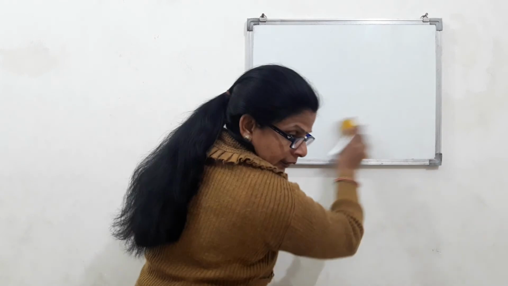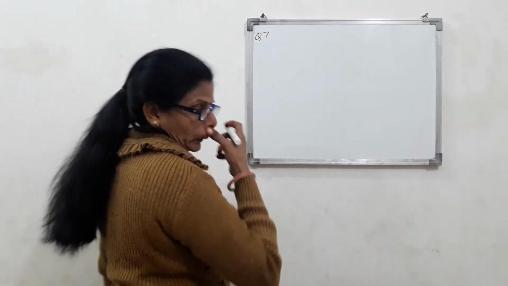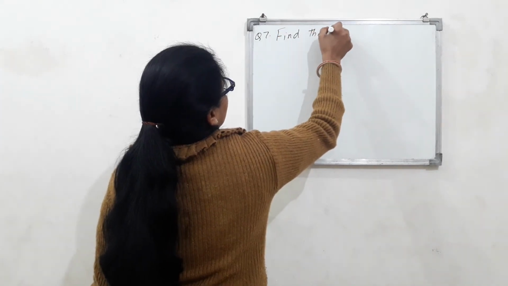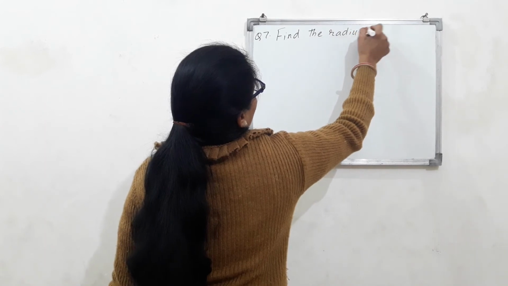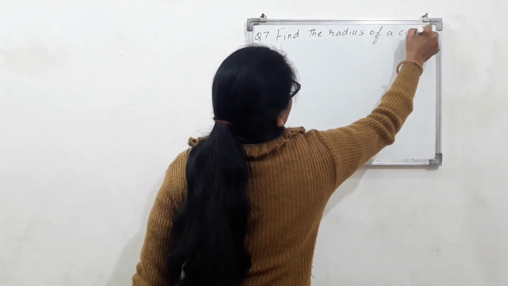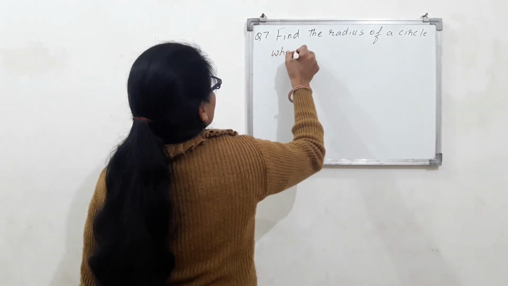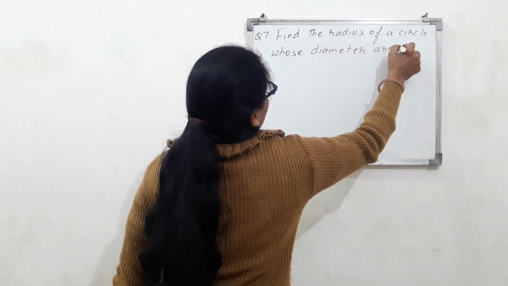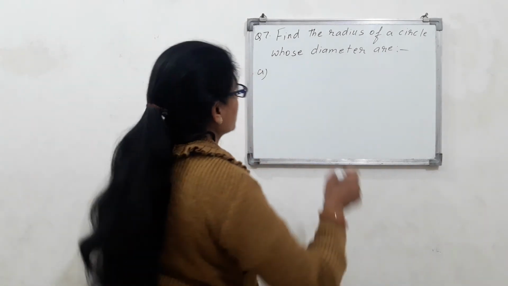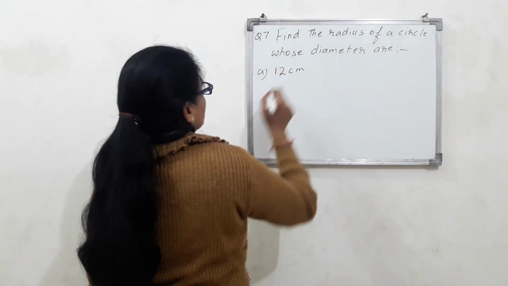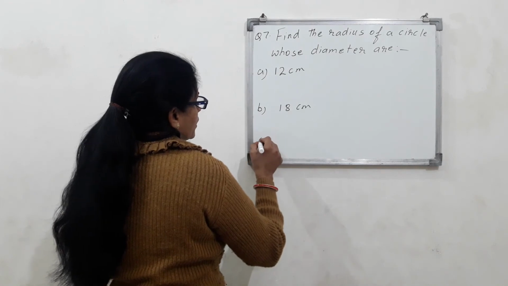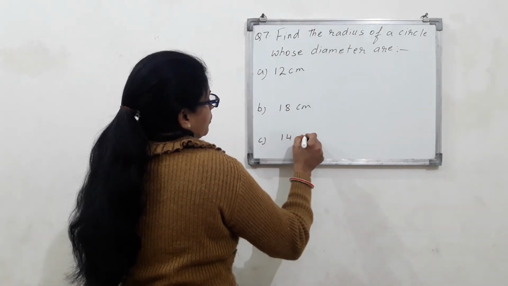Question number 7. Find the radius of a circle whose diameter are: A, if the diameter is 12 centimeter; B, if the diameter is 18 centimeter; C, if the diameter is 14 centimeter.